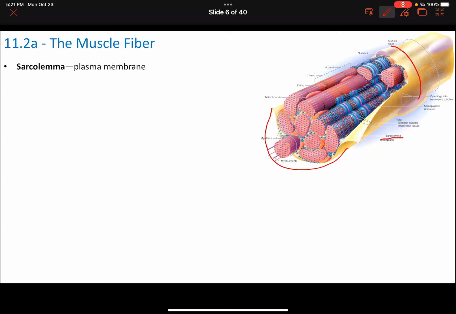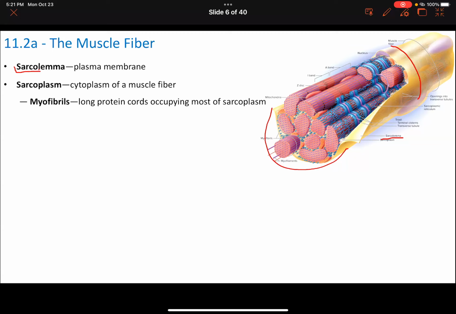But when we're talking about the muscular system, sarco is used in referring to some of these microstructures. For instance, we also have sarcoplasm. Just like in a cell we have cytoplasm, in a muscle fiber we call it sarcoplasm.